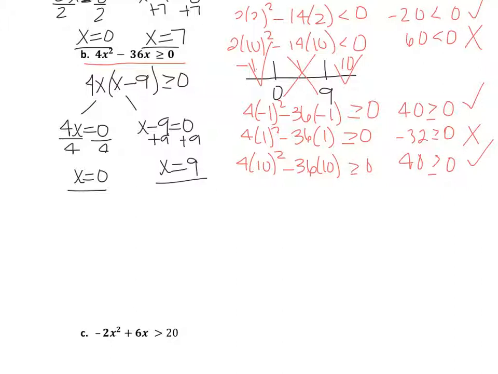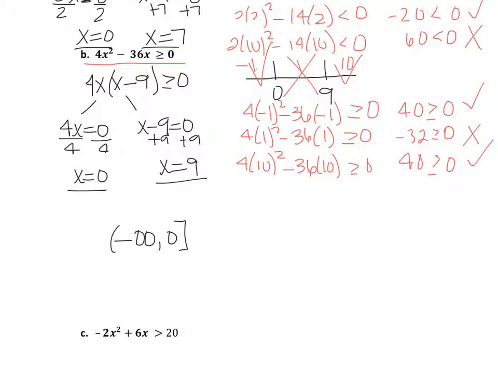Now make sure you pay attention to your symbol. We have greater than or equal to, which means I'm going to be using brackets when I write my solutions. So my solution is going to be negative infinity up to 0, bracket.